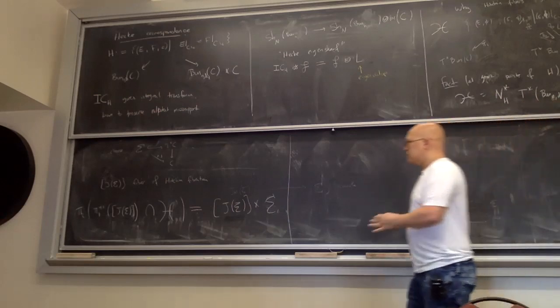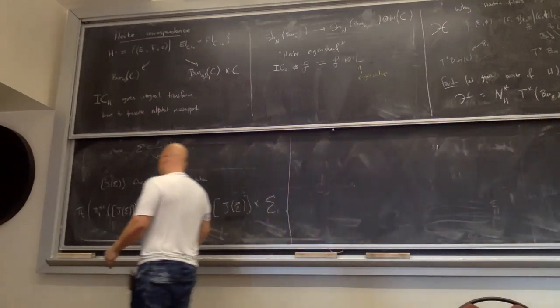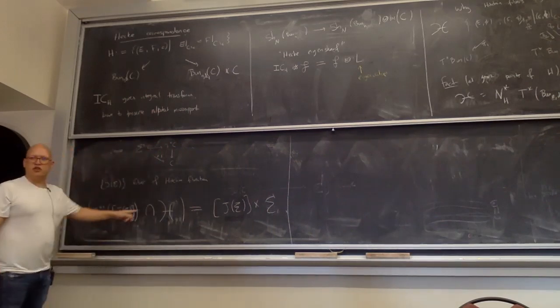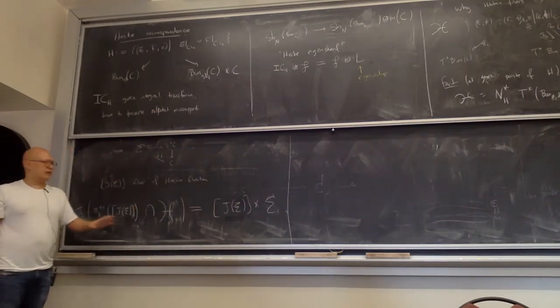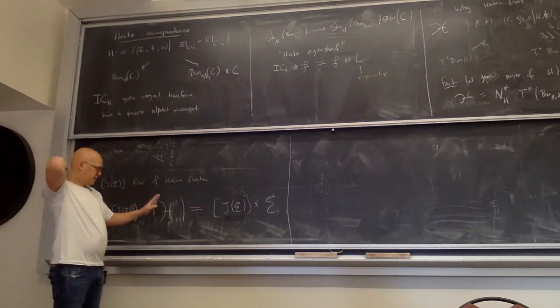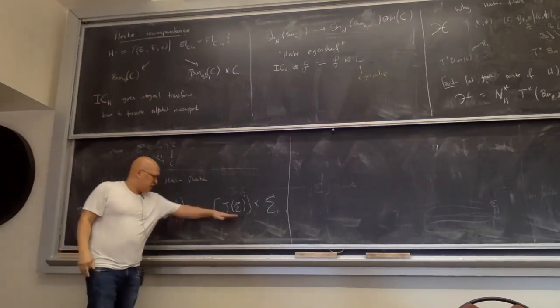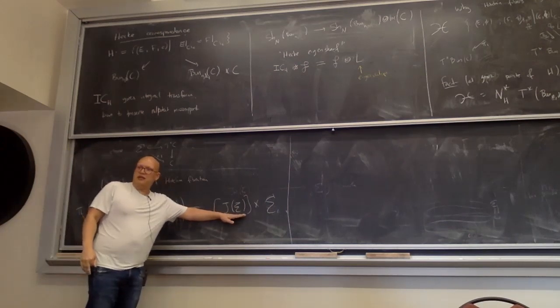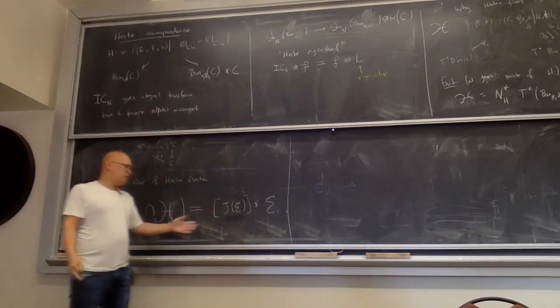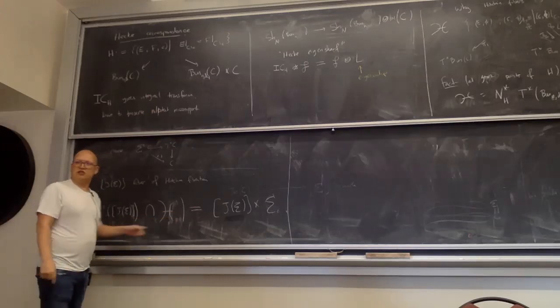But the mathematical question is, can you produce a mathematical theory which has the following properties? It should have the property that you can get a sheaf from J sigma, and it should moreover have the property that this thing should be true.